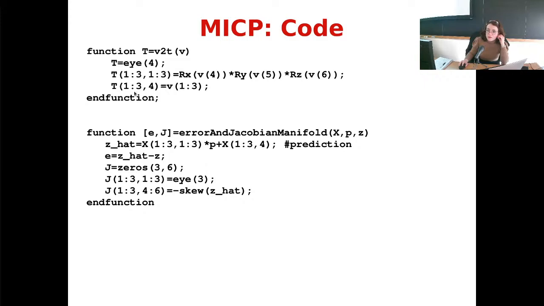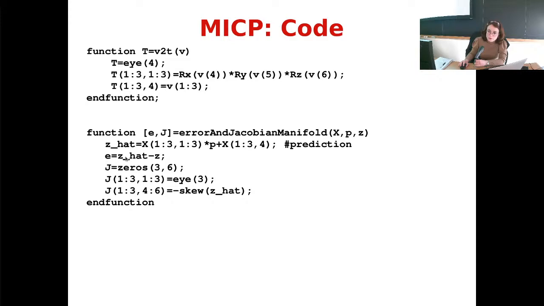Then the first three elements of the vector become the translation part of the transformation matrix T. Then you can see the error and Jacobian function, which takes as input the current estimate of the state, a measurement z, and a point in the world, and computes the predicted measurement by applying the transformation to the point in the world to obtain a point in the robot frame.